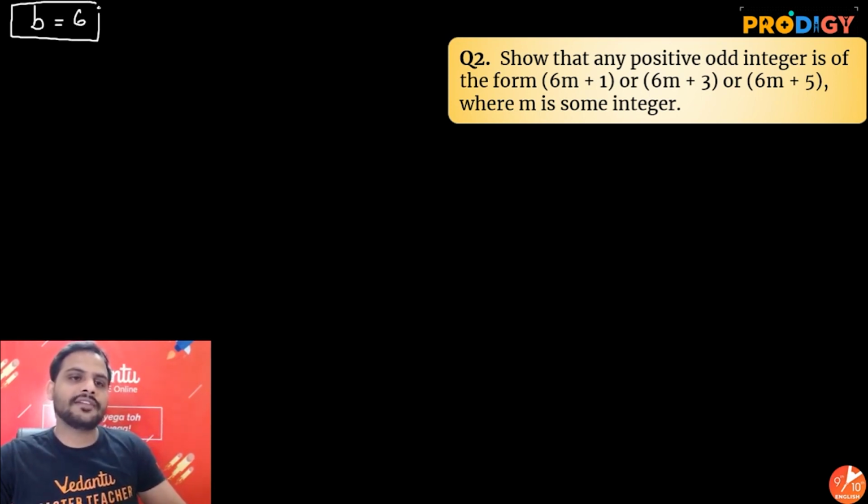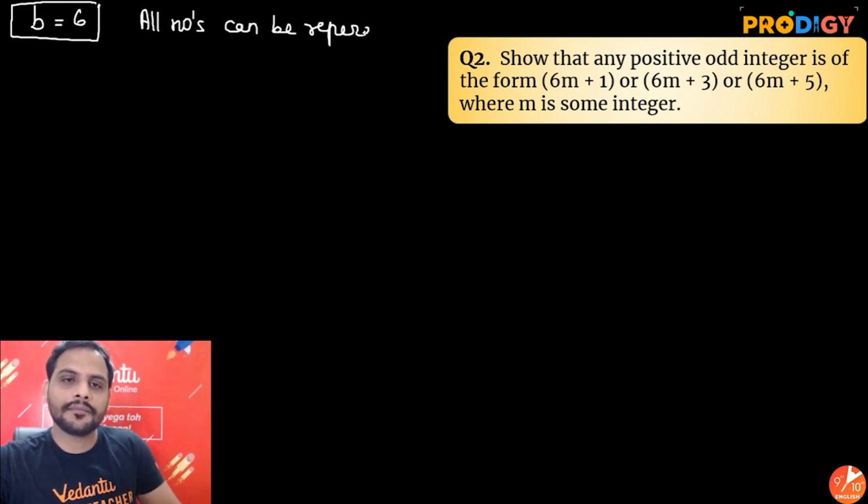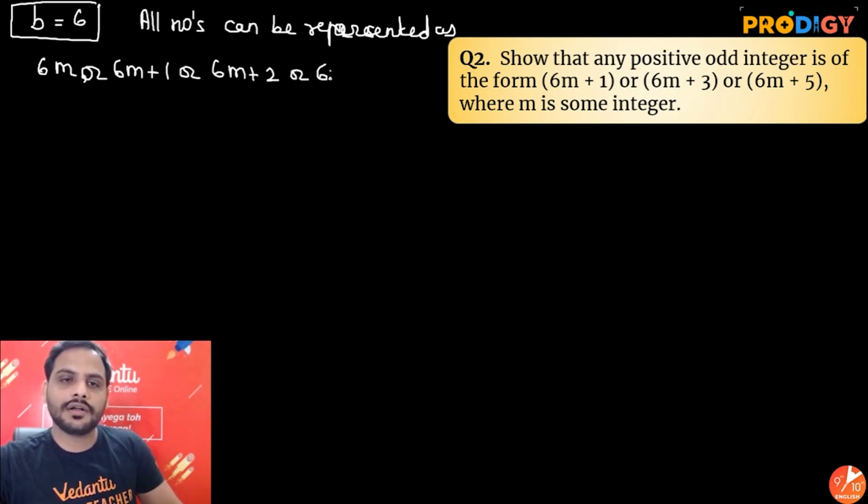So if I choose my divisor as 6, I know all numbers can be represented as either 6m, or 6m plus 1, or 6m plus 2, or 6m plus 3, or 6m plus 4, or 6m plus 5.